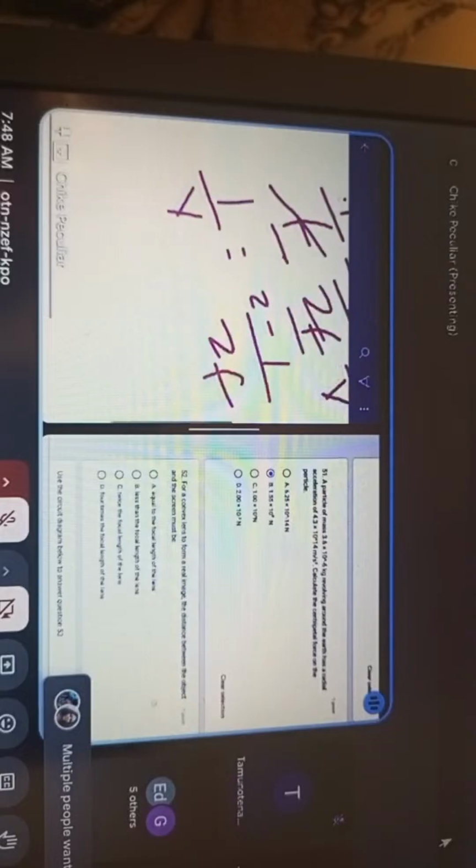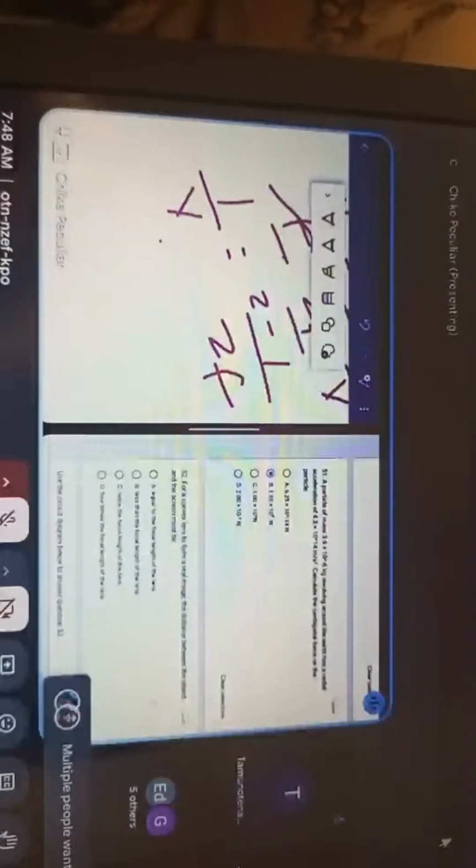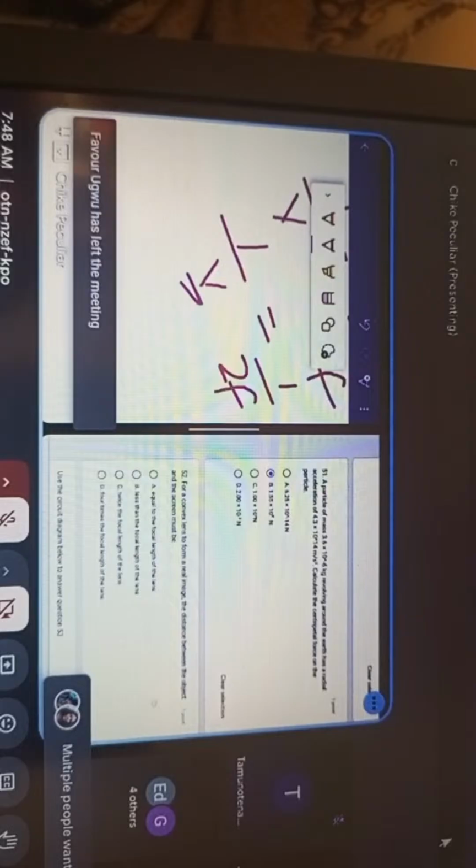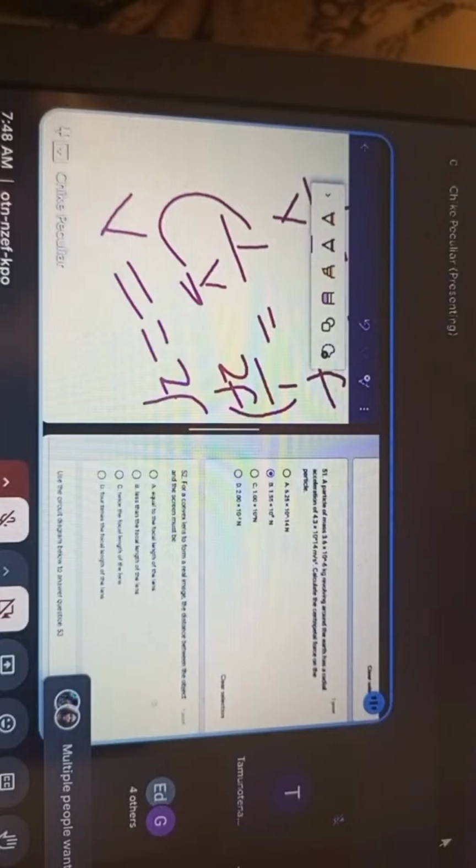So I will now have that 1 over V is equal to 1 over 2F. So to get V, take the inverse. V over 1 will be equal to 2F over 1, which is equal to 2F.